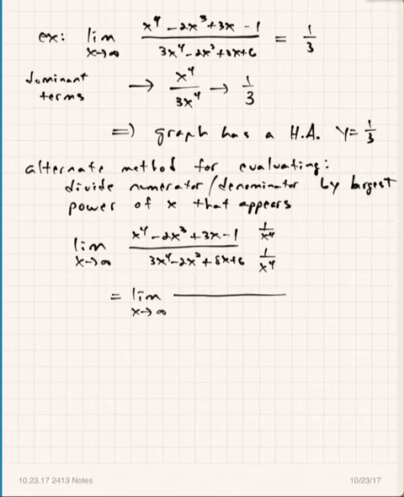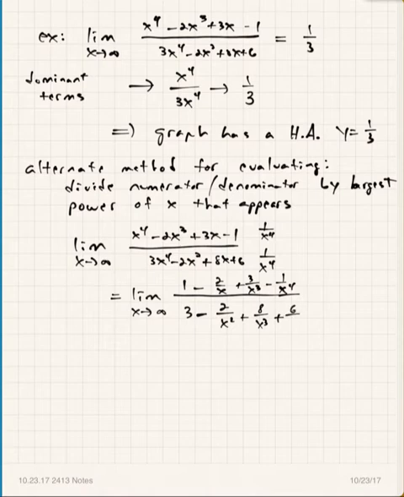So this would be 1 minus 2 over x plus 3 over x cubed minus 1 over x to the fourth in the numerator. And then in the denominator, you'd have 3 minus 2 over x squared plus 8 over x cubed plus 6 over x to the fourth.